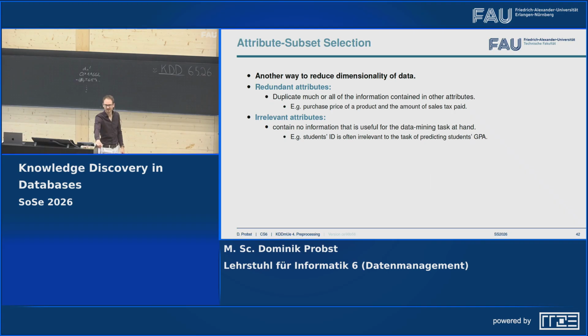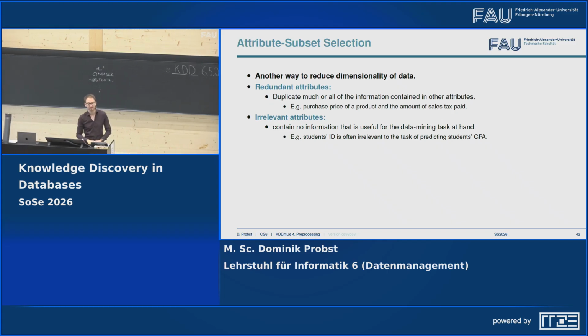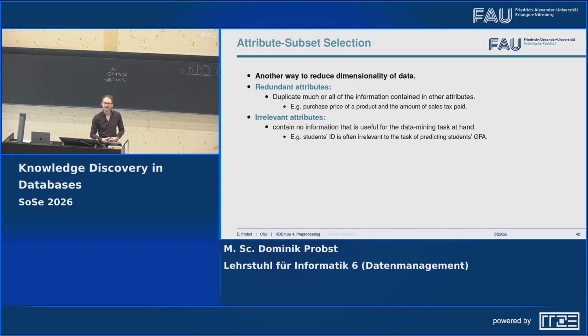So simply seeing that attribute A and attribute B are correlated 99%, and we simply select one of the attributes to stay. That's attribute subset selection. Sounds fancy, but is simply selecting a subset of attributes to work on.